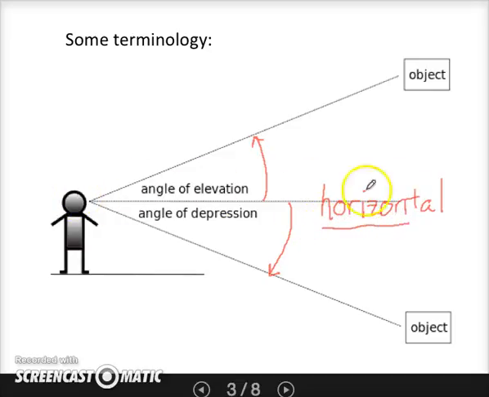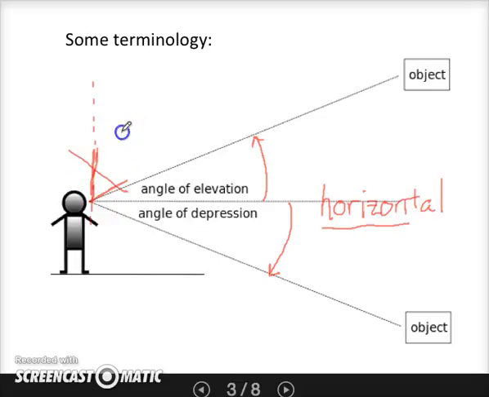He's looking straight out at the horizon, and then he's glancing upward at this object by an angle amount that's the angle of elevation, or he's glancing downward by the angle of depression from the horizontal. This is so that you don't get confused and accidentally think that this angle here is the angle of elevation.